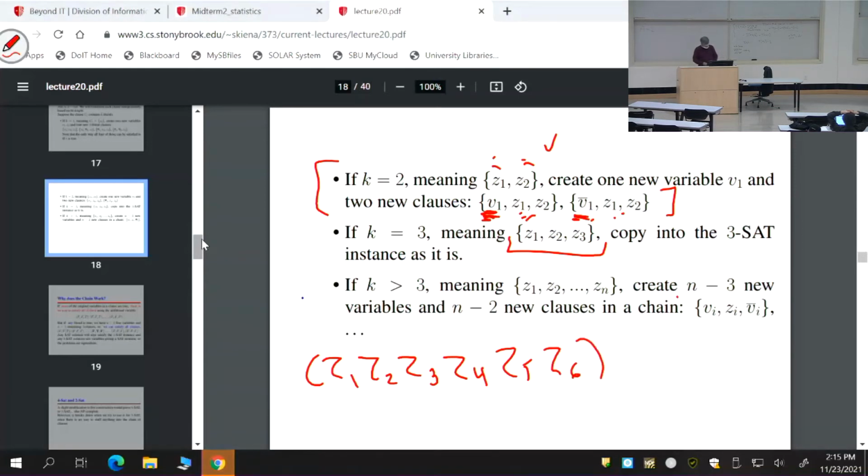I've got this big clause on 6 variables. How can I turn it into 3-element clauses that mean the same thing? Anyone have an idea of how I could do that?